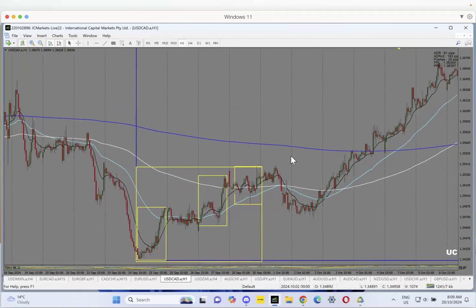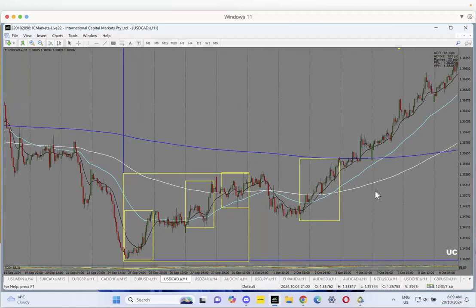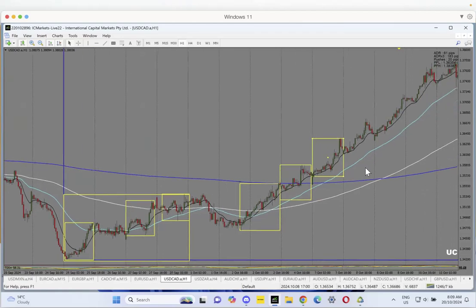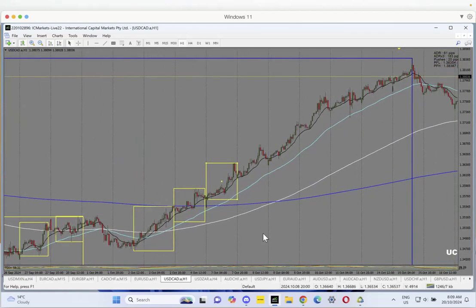Now, this is where it all starts to be interesting. Right, my first push. It looks like here I'm going to be marking everything as a push. Okay, that could be my second push. And that could be my third push. All right.